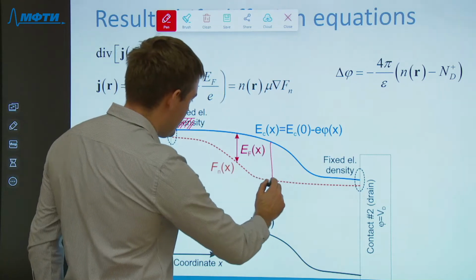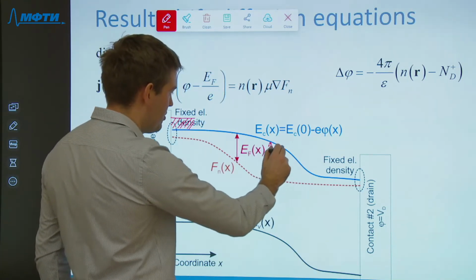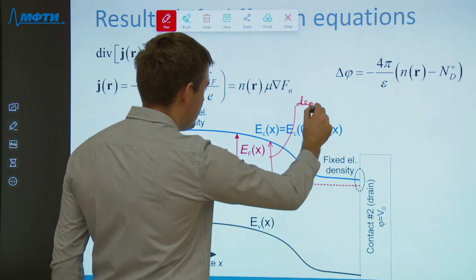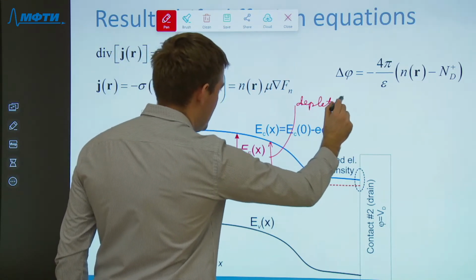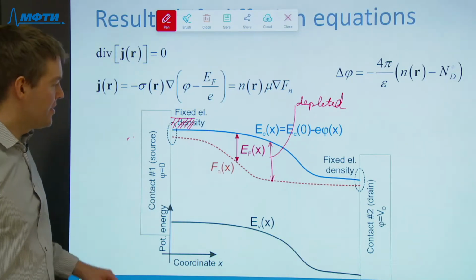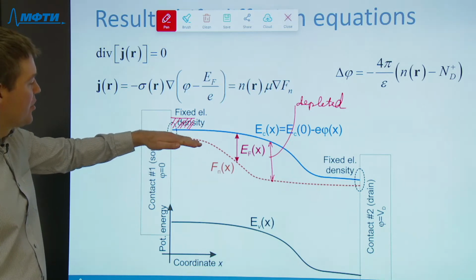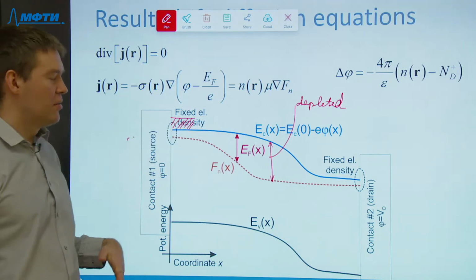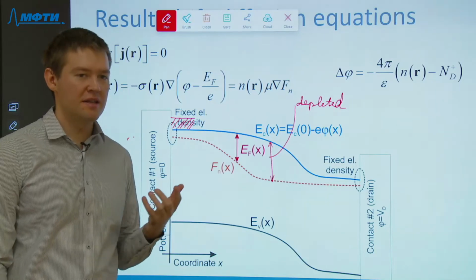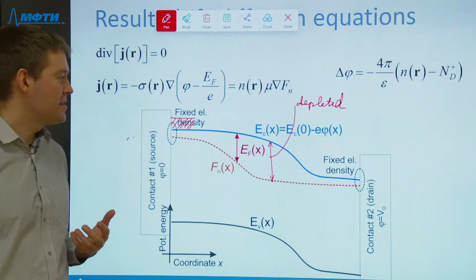Here, when the Fermi level is well above the conduction band bottom, we can say that the semiconductor is depleted, and there is a very small amount of charge carriers. And when the Fermi level is very close to the conduction band bottom, we can say that the semiconductor is highly doped and it is enriched with charge carriers.